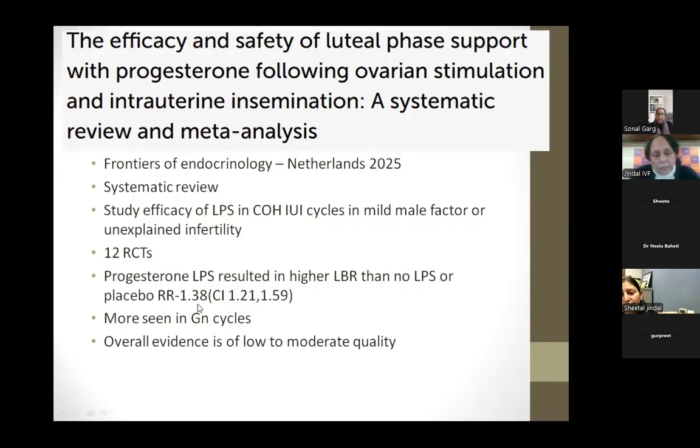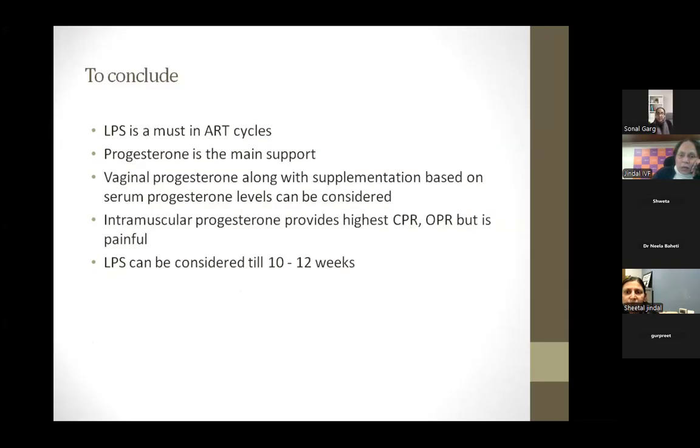The relative risk was 1.38, with confidence intervals of 1.21 to 1.59. Luteal phase deficiency is seen more in gonadotropin cycles. Overall, we know the evidence is of low to moderate quality, but it is said that you can use luteal phase support in IUI cycles with controlled ovarian hyperstimulation.